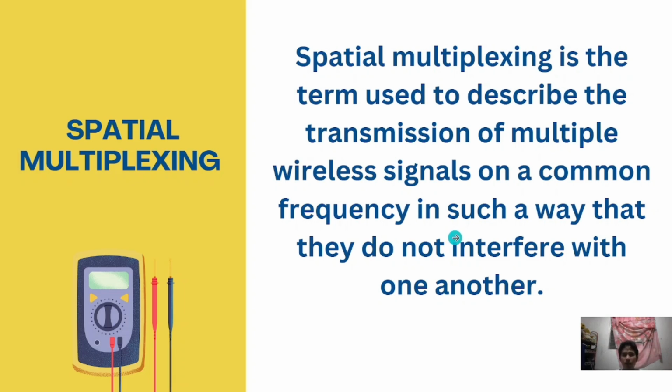Spatial multiplexing or SM is a wireless communications technique that increases data rate by transmitting multiple data streams simultaneously from multiple antennas at the transmitter and receiver. SM is based on multi-input and multi-output, or what we call MIMO technology.